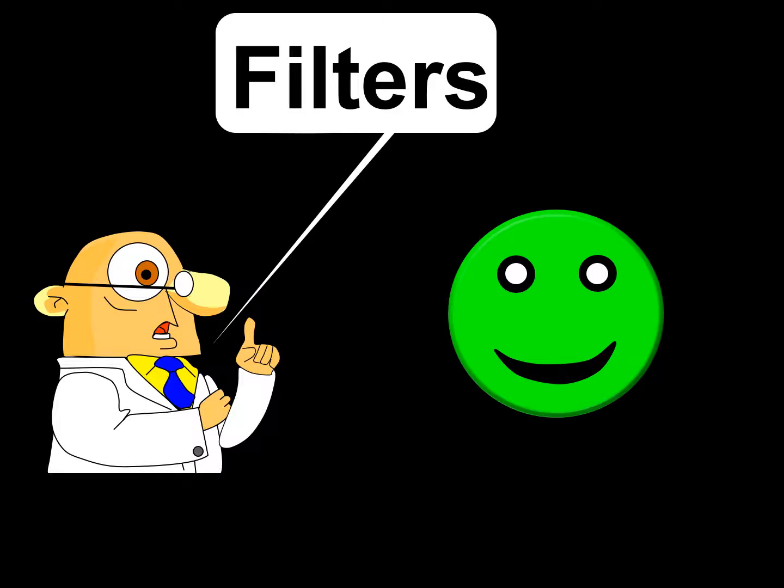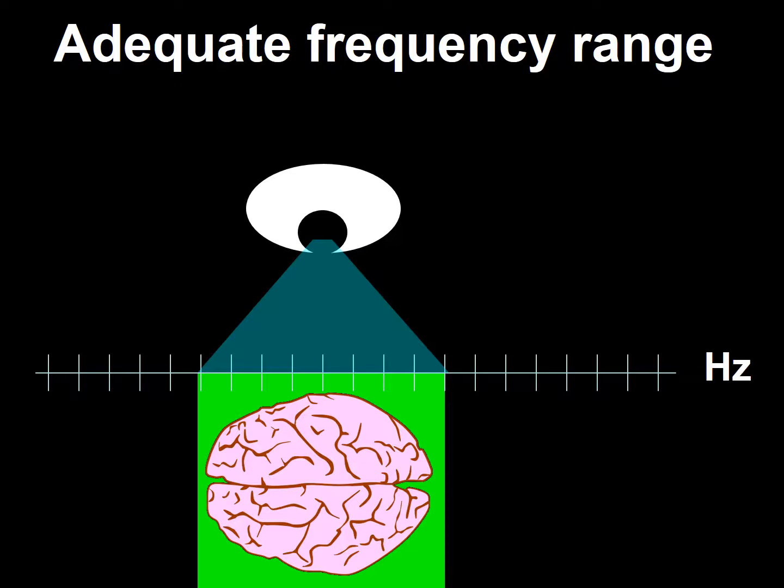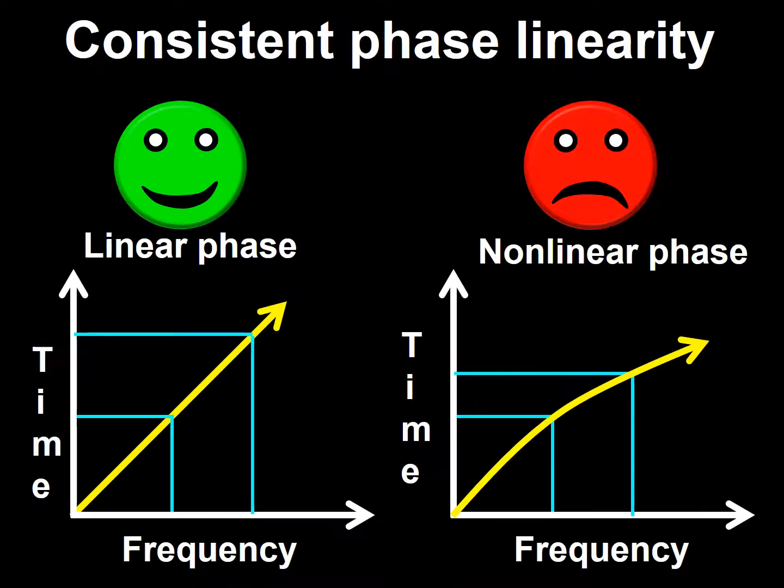These attributes are an adequate frequency range so as to be able to analyze all the band frequencies of interest, a consistent phase linearity so as to be able to shift all frequencies by a constant time or not to shift them at all.